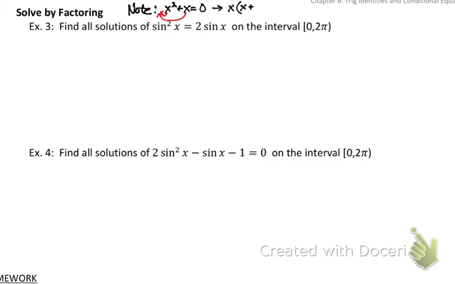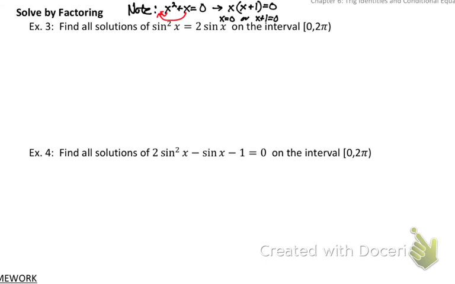X divided by x would leave a 1 in its place. That leads me to 2 answers. Either x equals 0 or x plus 1 equals 0. So don't immediately look at it and say, oh, it's squared, I can't do it. There are really easy ones out there like this one where you just have to factor something out.